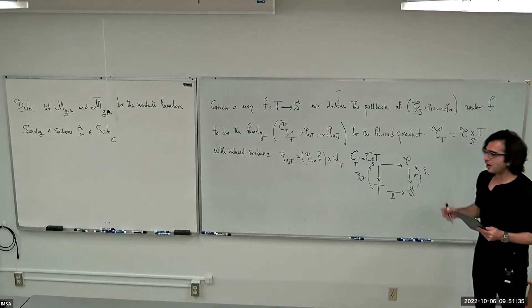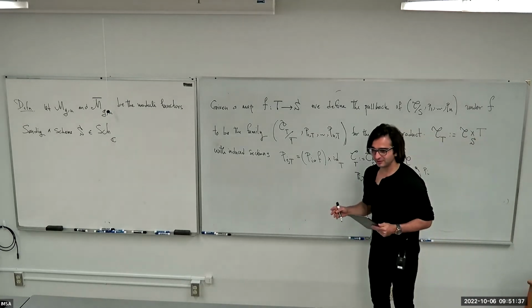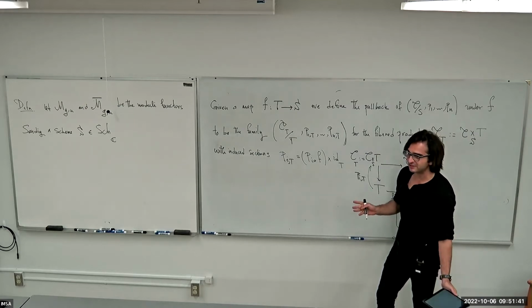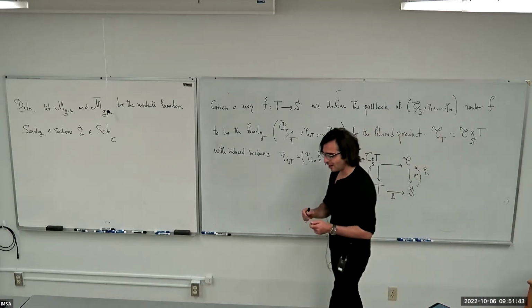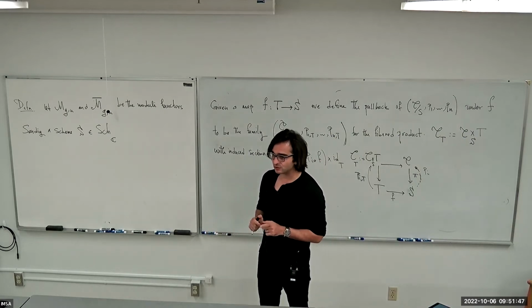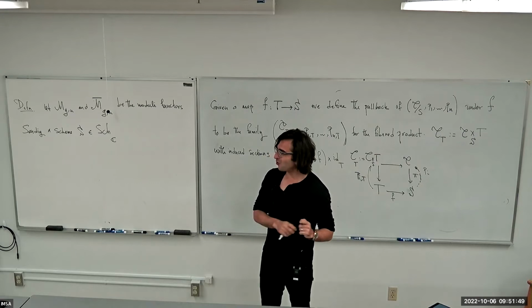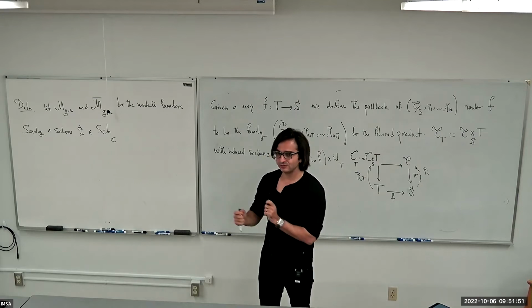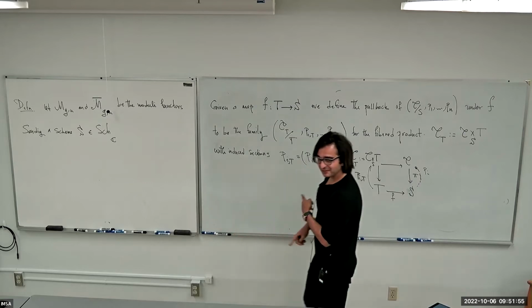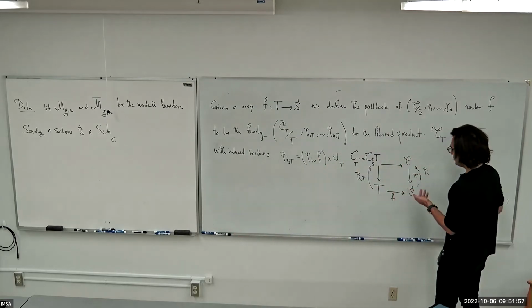Moduli functors are from a category, right? A functor is always a morphism between two categories. A functor is something that sends objects in one category to objects in the other category. It also sends morphisms between objects in one category to morphisms between objects in the other category. But this is exactly what we want, right?